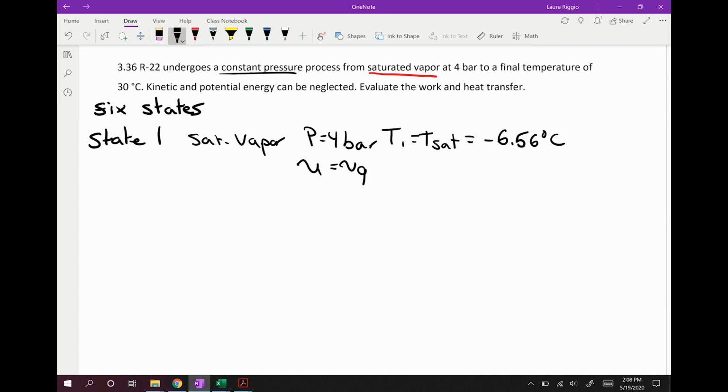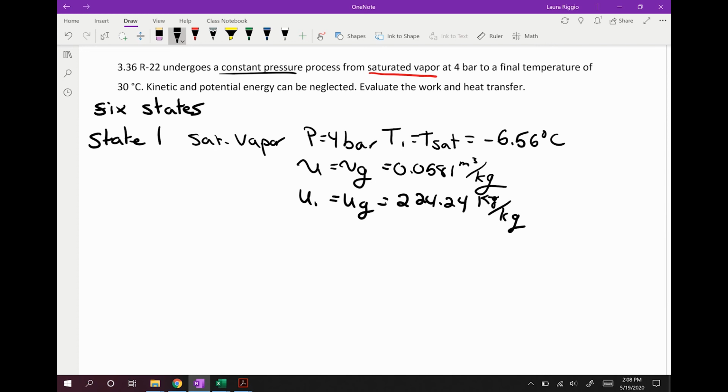My specific volume is equal to 0.0581 meters cubed per kilogram. And my internal energy is equal to 224.24 kilojoules per kilogram.